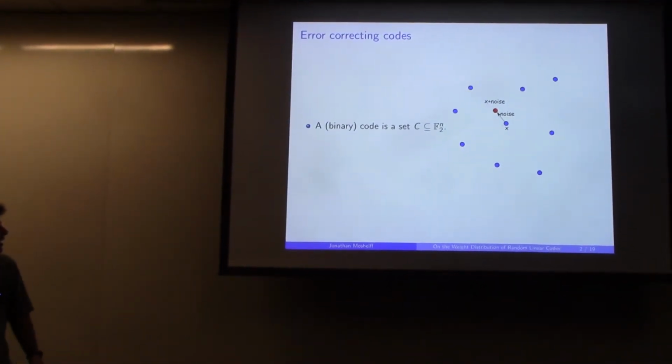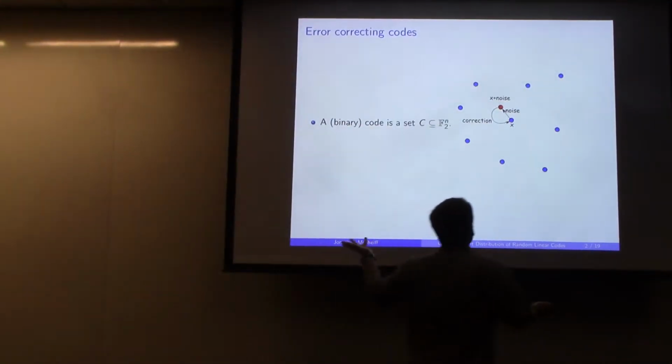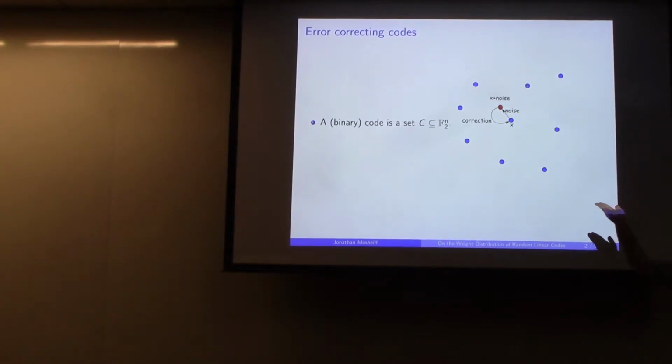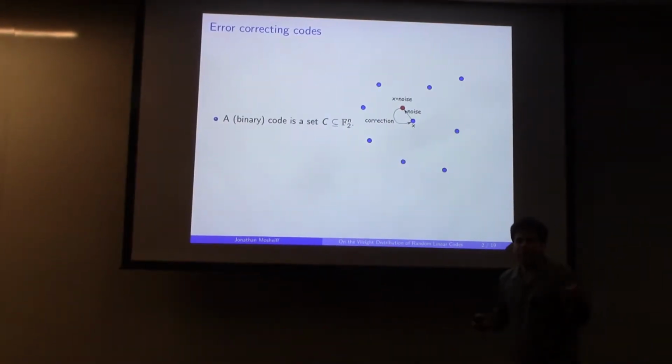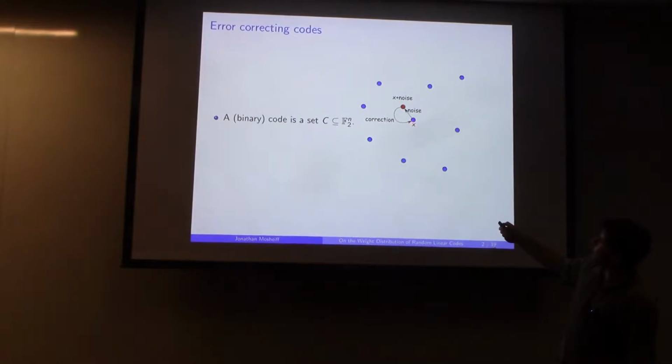Basically, the reason that we want these is that suppose Alice wants to send a message X to Bob, and Bob gets some noised message. So he gets X plus some noise vector. Then if that noise brings us to this red point here, Bob can just look for the closest point actually in the code.